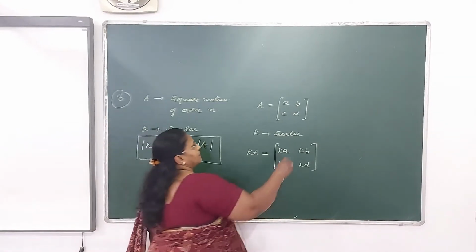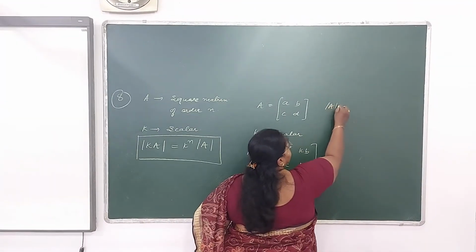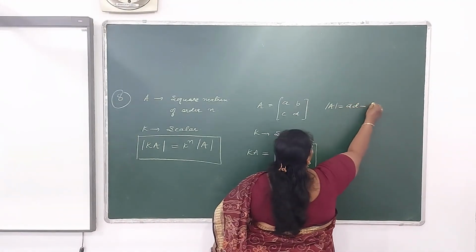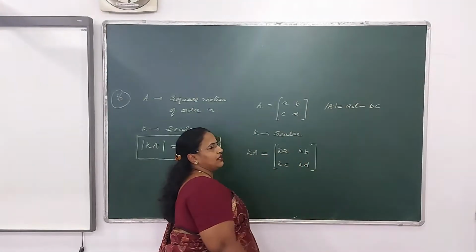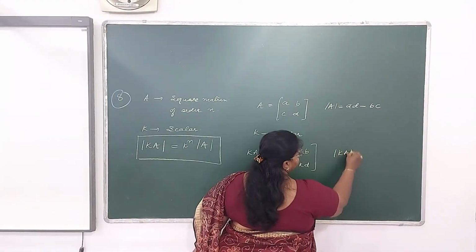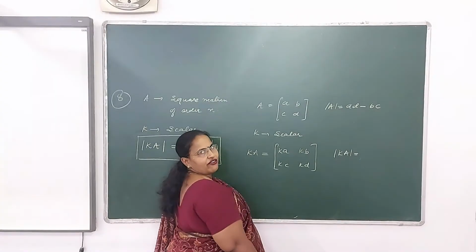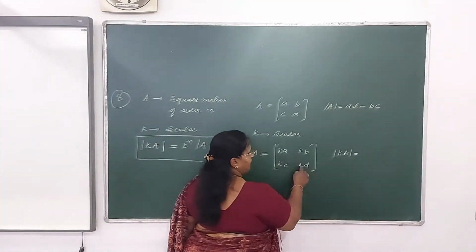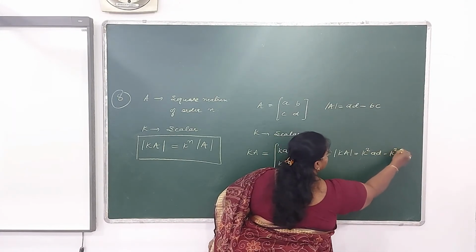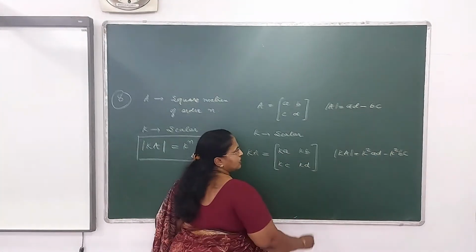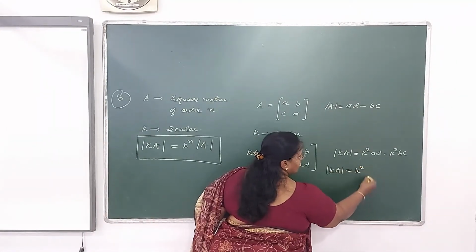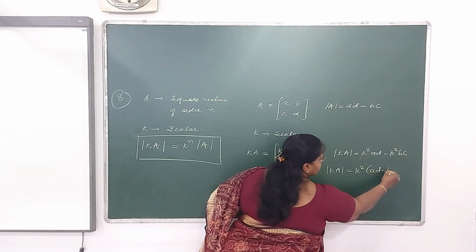Now let us find the determinant of this matrix. The determinant of A will be the product of the diagonal minus the product of the off-diagonal elements. Likewise, for the determinant of kA, multiplying gives k square into ad minus k square into bc. k square can be taken common, and what is left is ad minus bc.